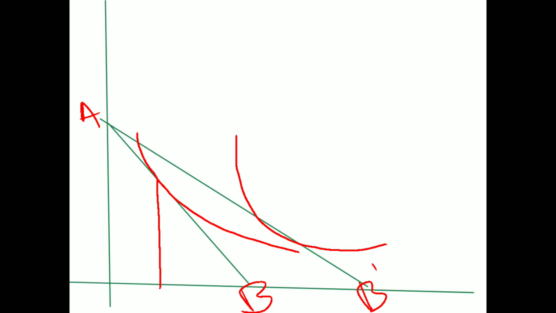By applying the compensating variation method, we will decrease the income of the consumer. By applying the compensating variation method, we will shift the budget line to left, a parallel shift of the budget line to left.